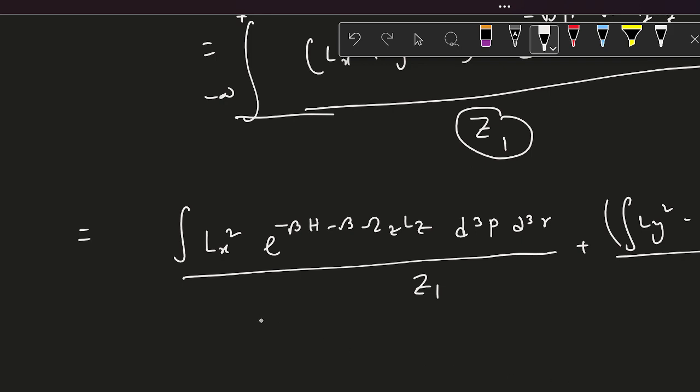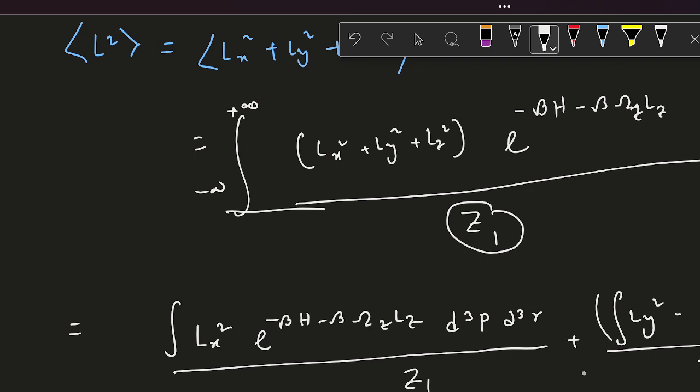Okay, so if that can be done, then you can just write it as separate things: Lx squared plus Ly squared plus Lz squared.